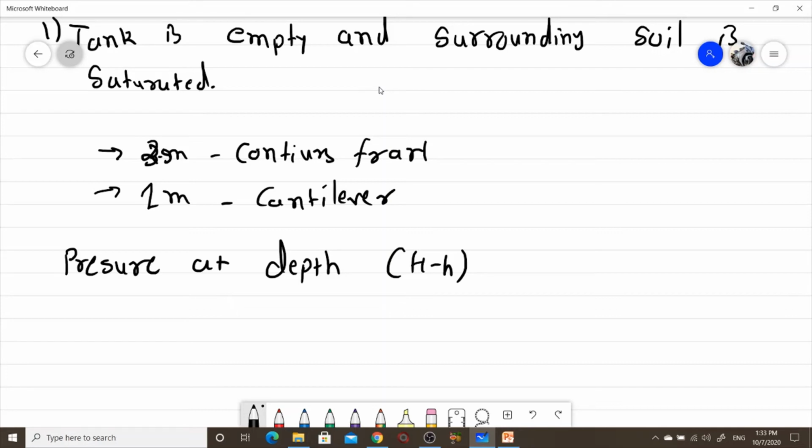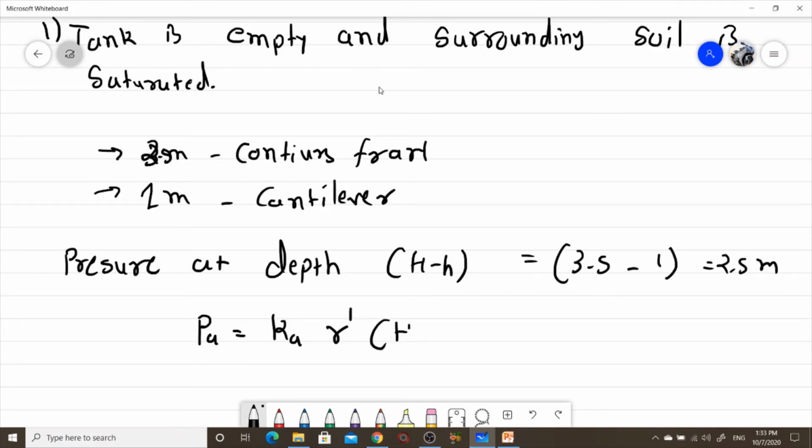Capital H is 3.5, small h is 1, so 2.5 meter. So here is the equation: PA is equal to KA gamma dash into capital H minus small h plus gamma W into capital H minus small h.